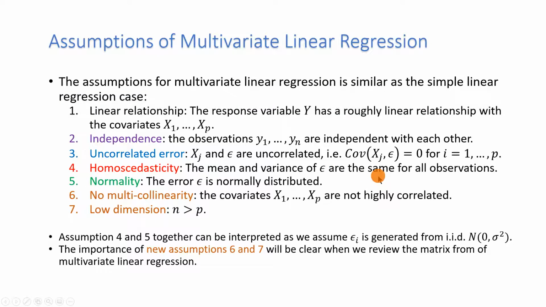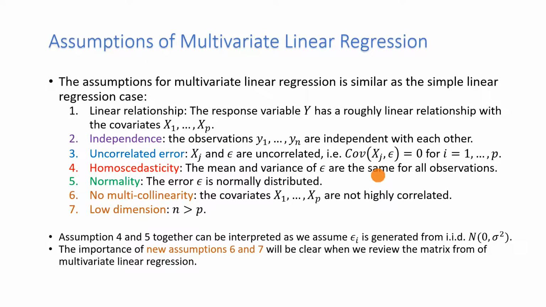And similar to the simple linear regression problem, we also would like to discuss the underlying assumptions for a multivariate linear regression problem. We can see that the assumptions we rely on to build a multivariate linear regression model are very similar to the ones we used for simple linear regression.